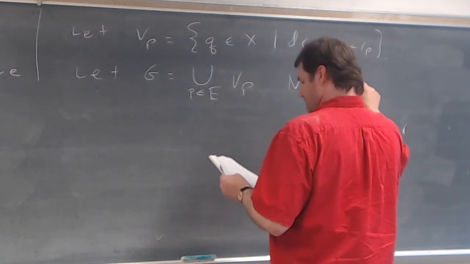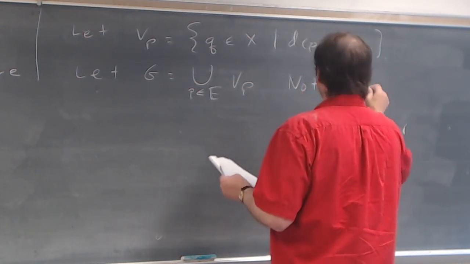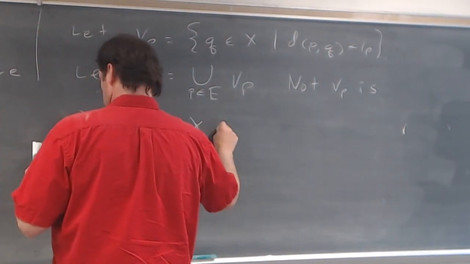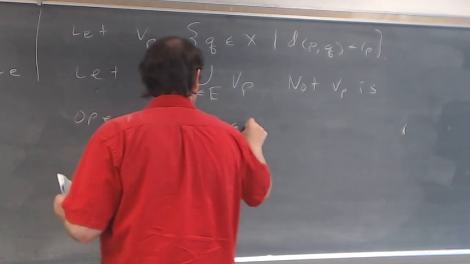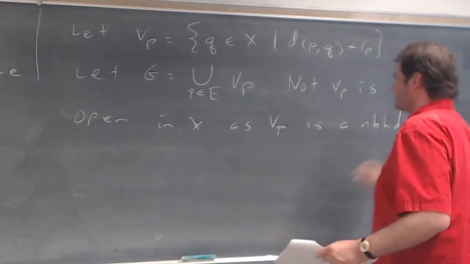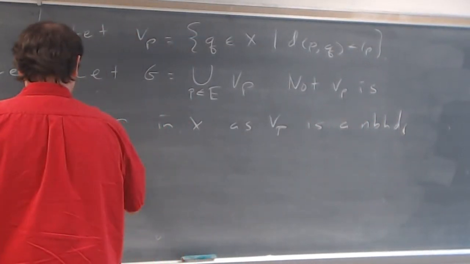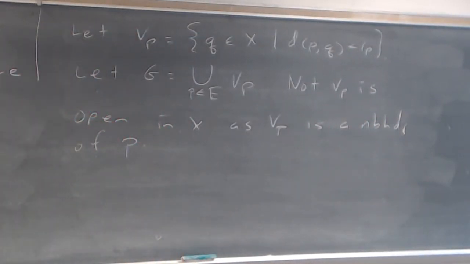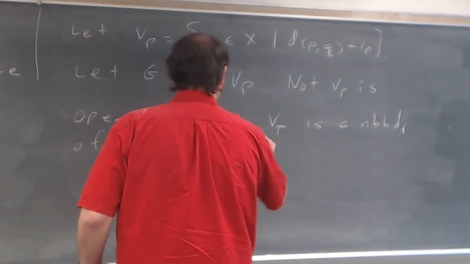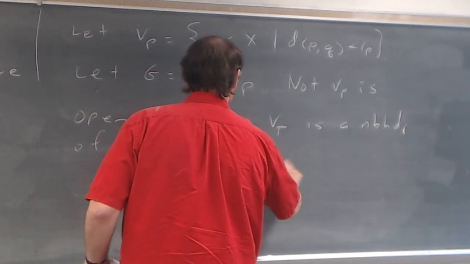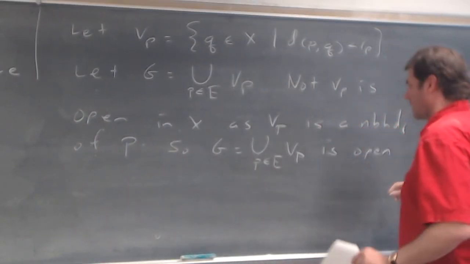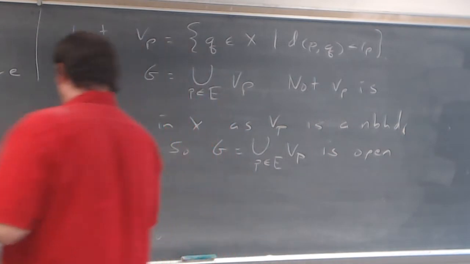Note B sub P is open in X as B sub P is a neighborhood of P. So G, this arbitrary union, is open in X.